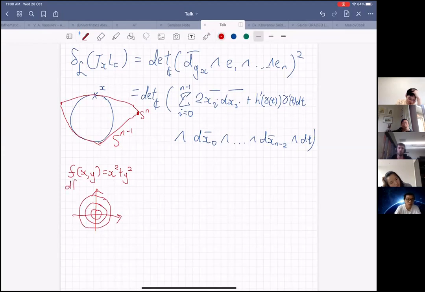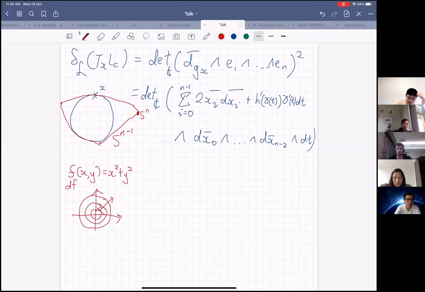And df is something like looking at the change of this zero section, the level set. Because if you look at the tangent space of this sphere, it is like this. So this df is perpendicular to the tangent space.